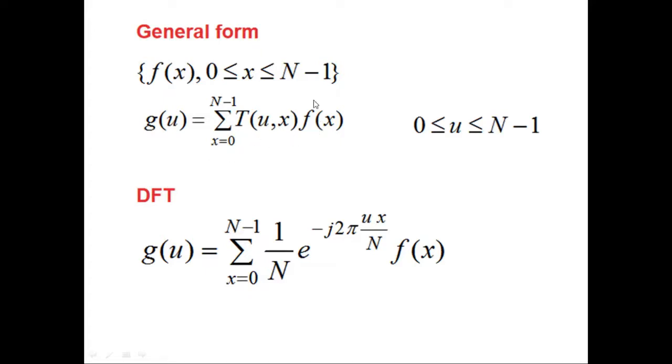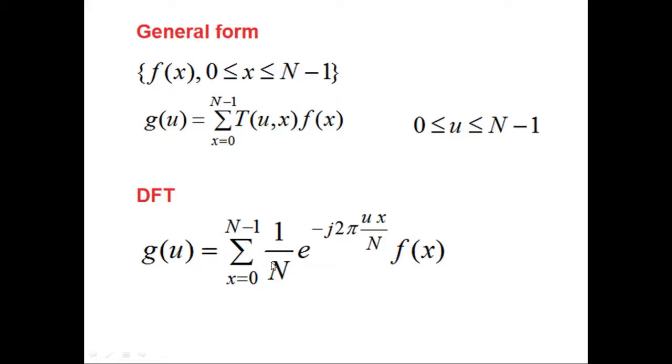And this general form we are making use of, and then finding out the DFT, discrete Fourier transform. In the DFT, we have the kernel t u of x given by 1 by n e power minus j 2 pi u x by n. The kernel here is e power minus j 2 pi u x by n, and this is the normalization factor.